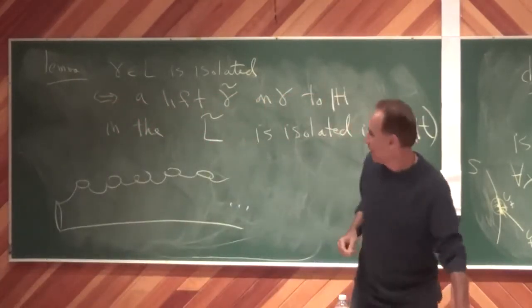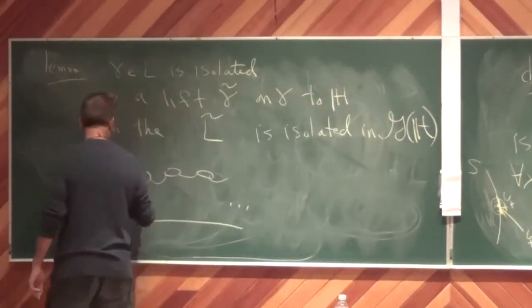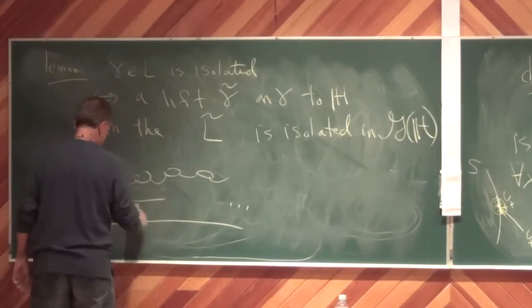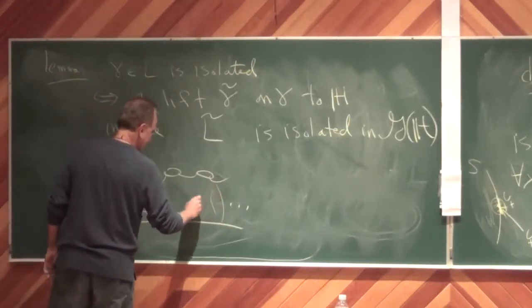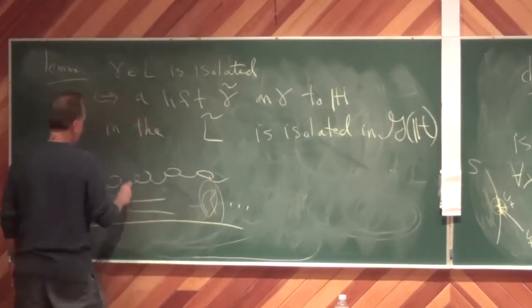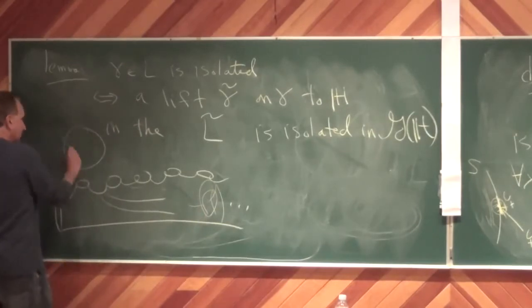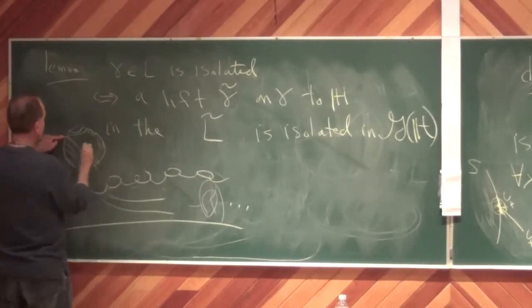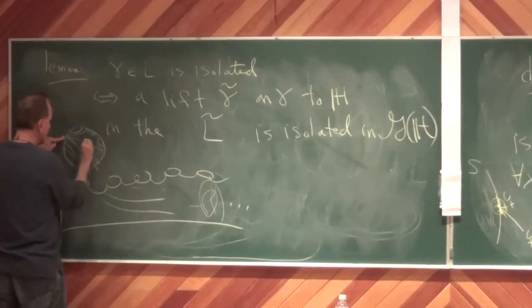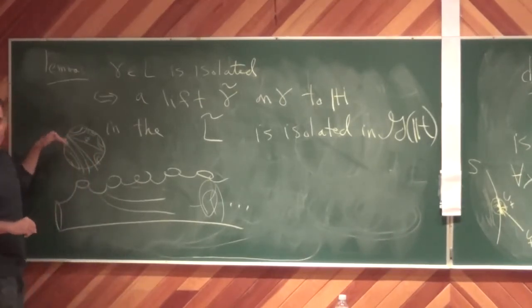Okay. So typically, you might have some lamination on here. And now when you lift it, you see all these leaves upstairs in the hyperbolic plane, and this lifted gamma tilde has to be isolated among those lifts.